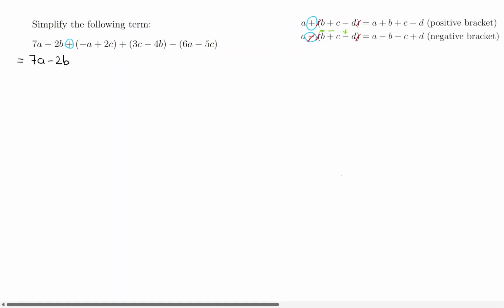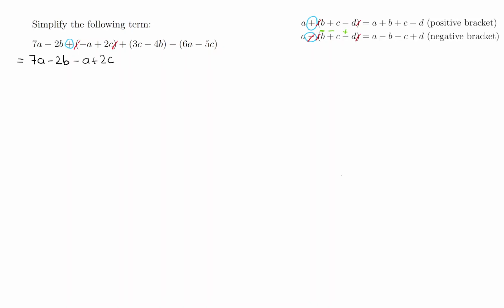We use the first rule. We throw away the bracket and then just write everything down. So plus minus a, and plus minus, this equals to minus. So for this I just write minus a and plus 2c.